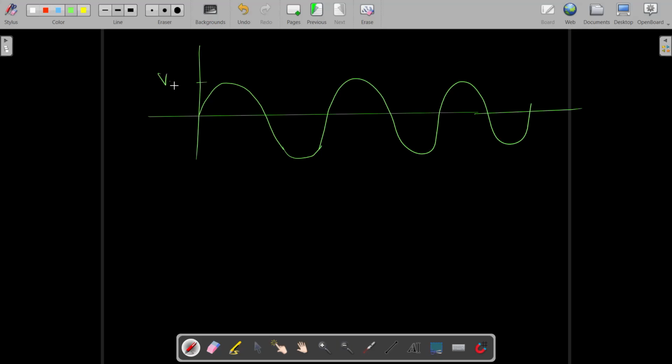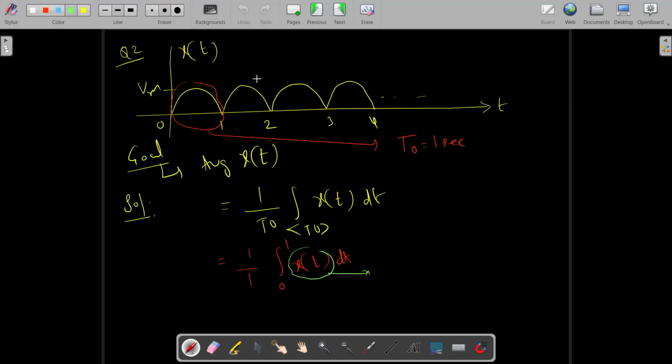This is Vm and this is minus Vm. Let us call this y of t, with 0, 1, 2, 3, 4, 5, and so on. Now if you compare this y of t with the previous signal x of t, there is a clear relation.